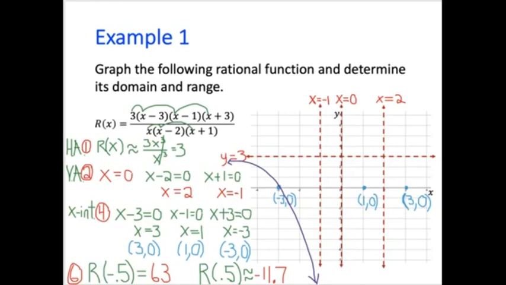Now let's plug in a test point that's between x equals 1 and x equals 2. So we can pick 1.5. So we're going to find r of 1.5. And that equals 5.4.